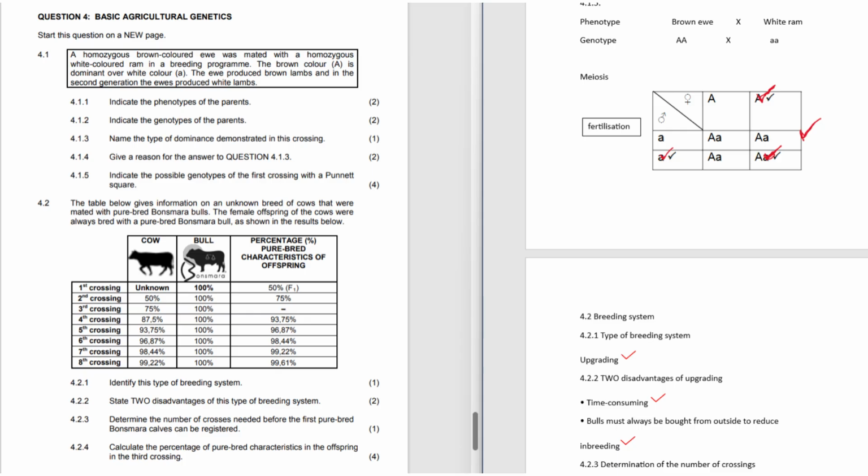This is because white is homozygous recessive, and we use 2 small letters to represent this. We can see that the ewe is homozygous dominant. This one is a pure breed.